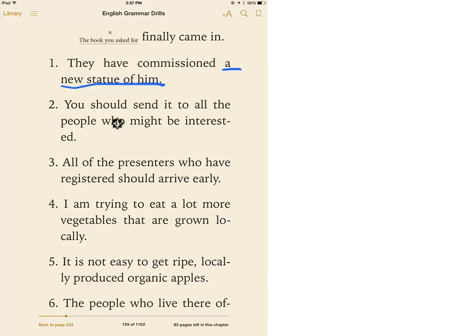Statue is the noun, a new statue, and then the post-noun modifier "of him." So we have that whole thing. So they have commissioned, and then I would write it, period. All right, so let's do another one.